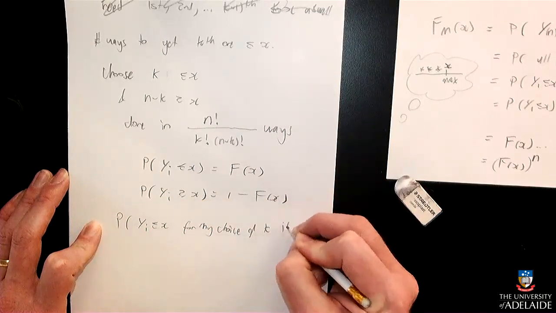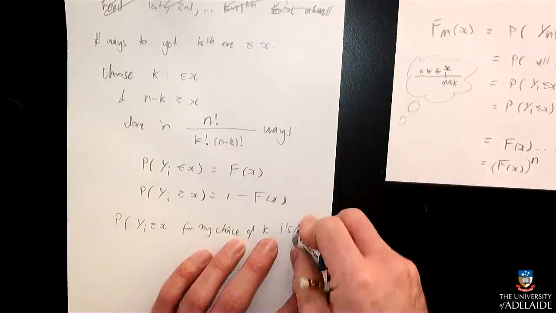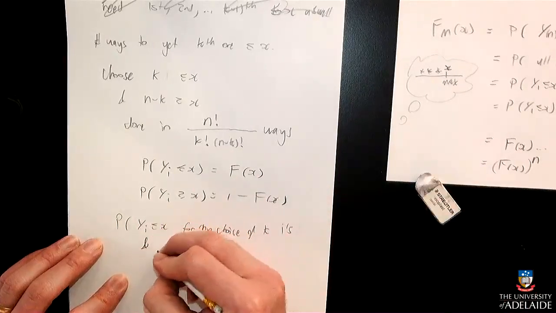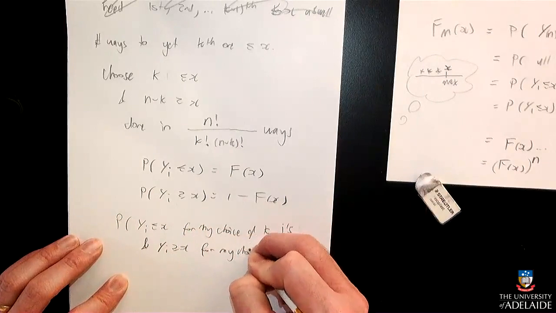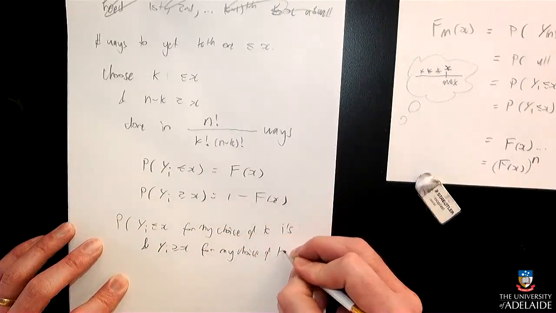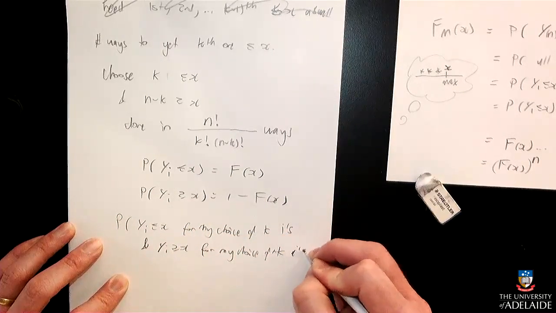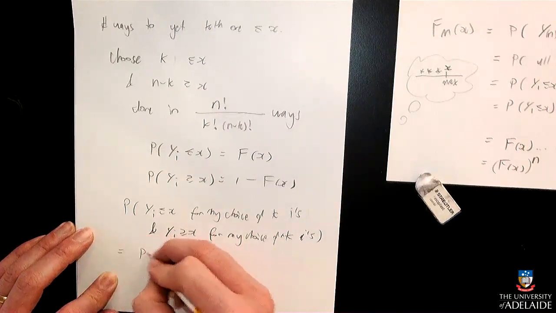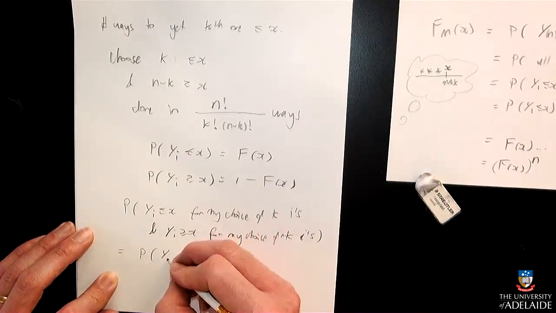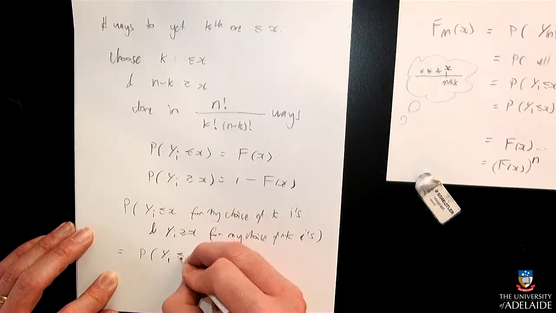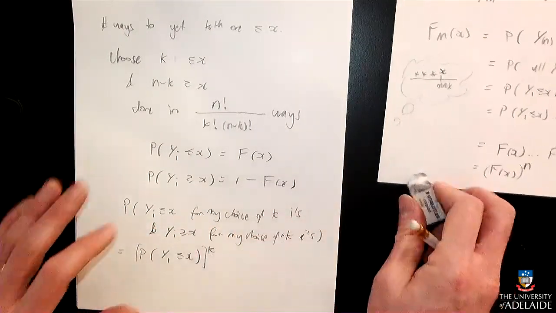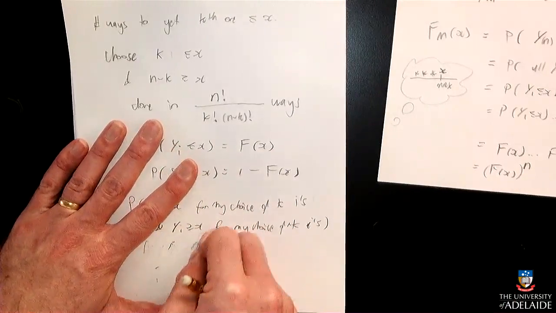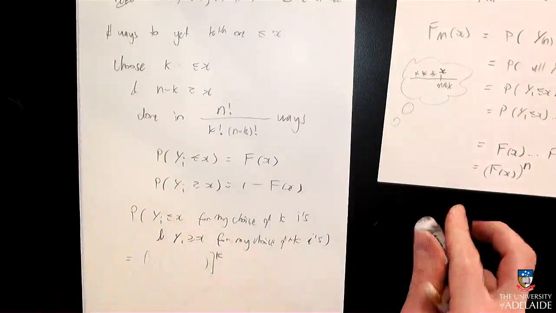My choice of ki's, and yi is greater than or equal to x, of n minus ki's, and that would be probability of, doesn't matter which one. Sorry, wrong one. That's right.